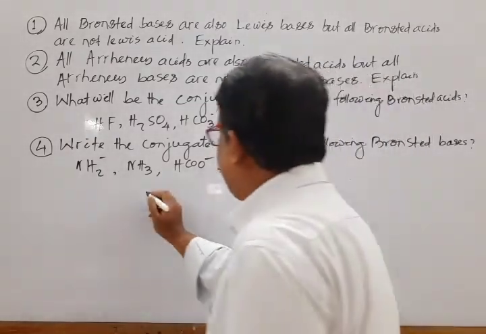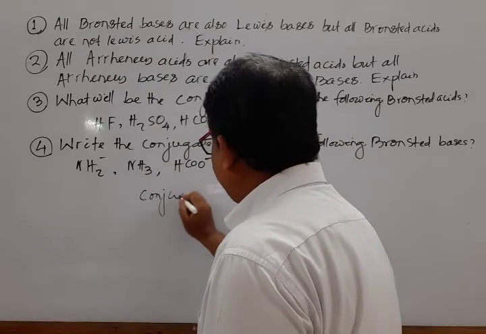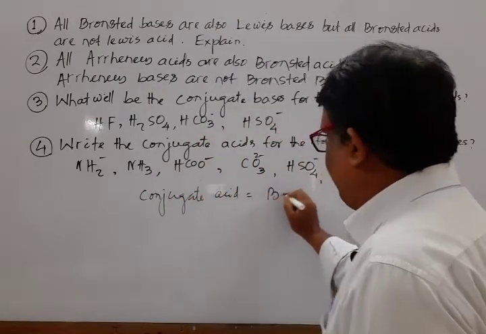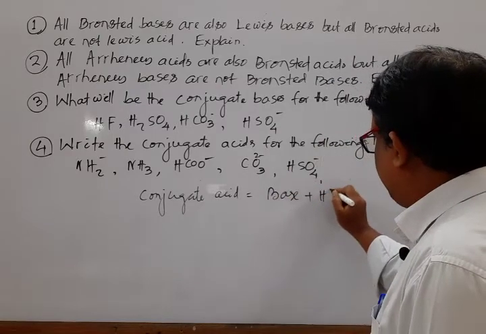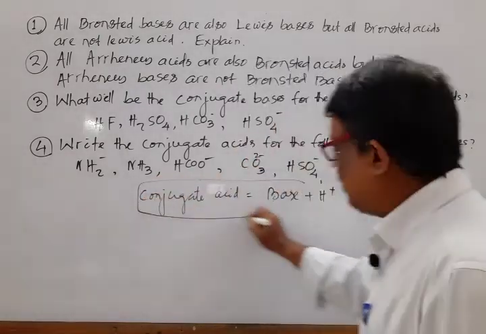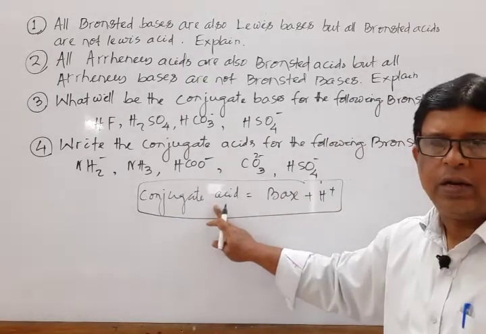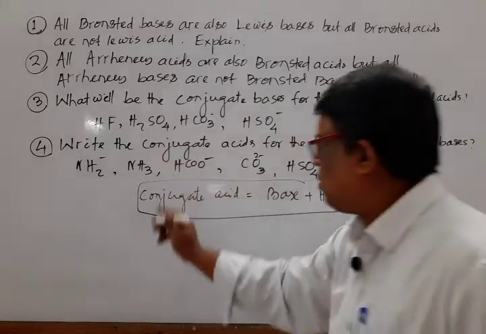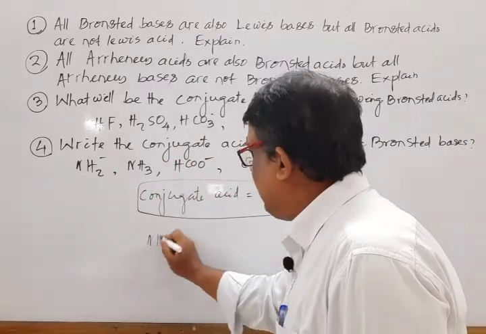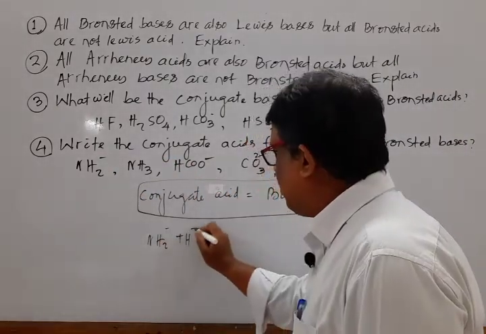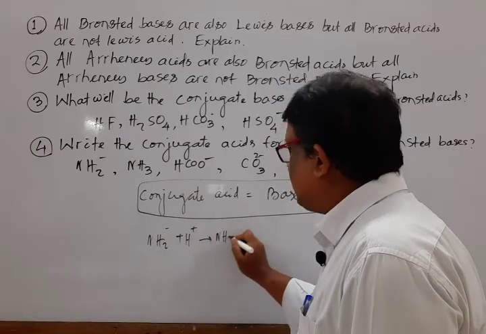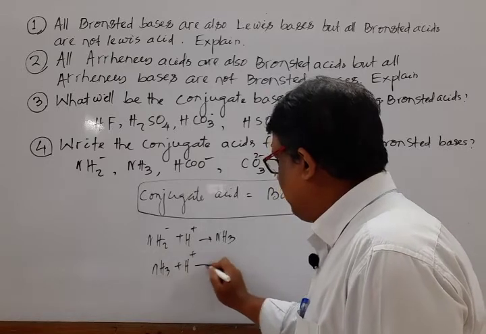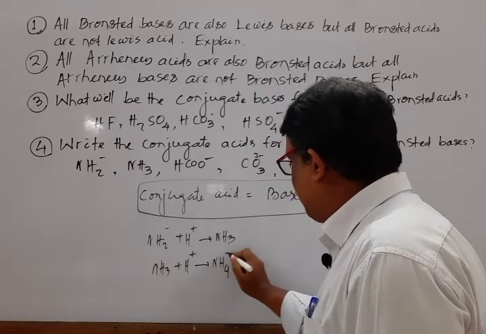One formula is there, that is conjugate acid is equal to base plus proton. So for this one, NH2 minus plus proton is equal to NH3. This one, NH3 plus proton gives rise to NH4 plus.